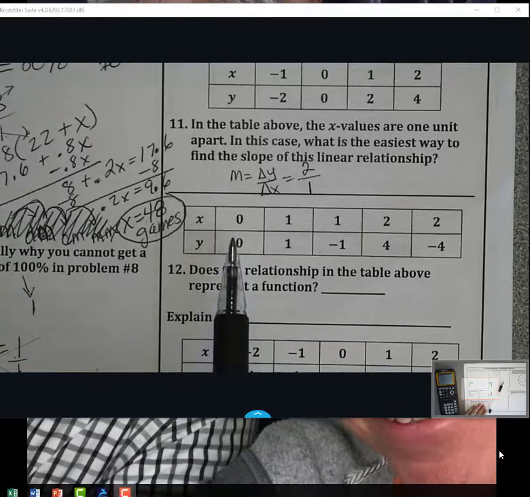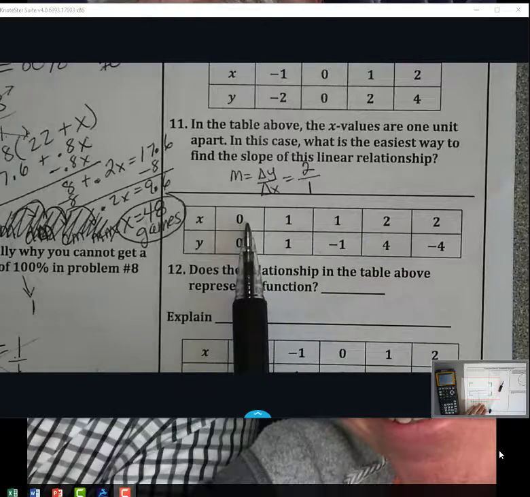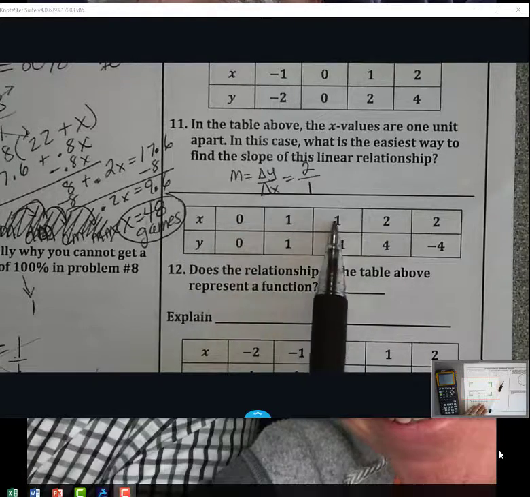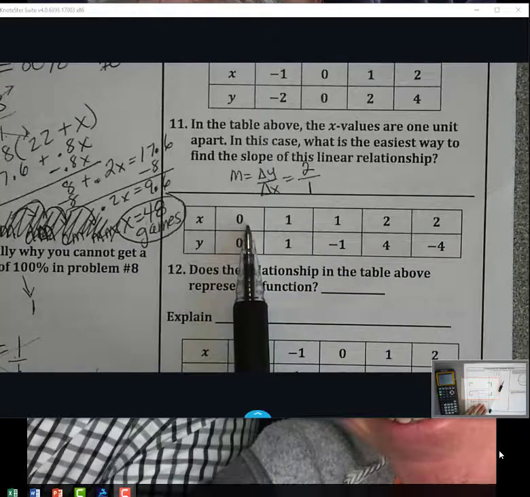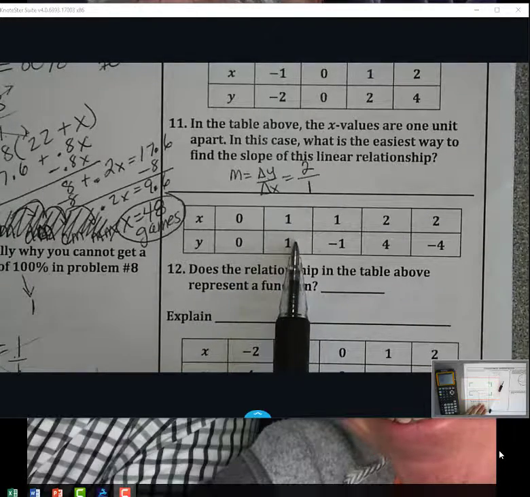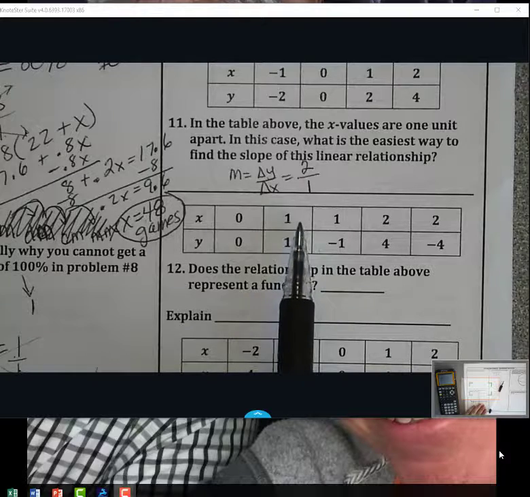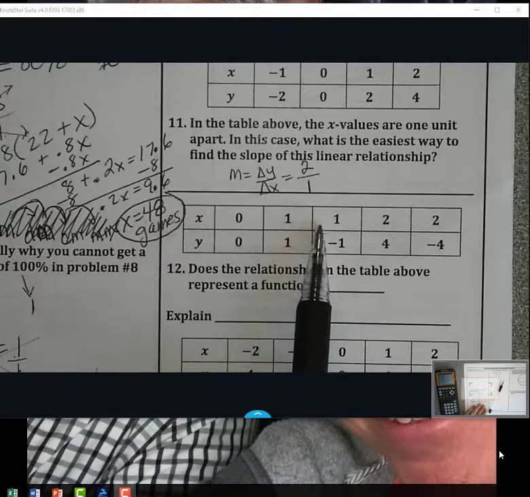Well, if you look at this, here are our input values. 0 is used one time. It's not a repeat anywhere. That's okay. 1 has an output of 1. Oh, wait. 1 has an output of negative 1.